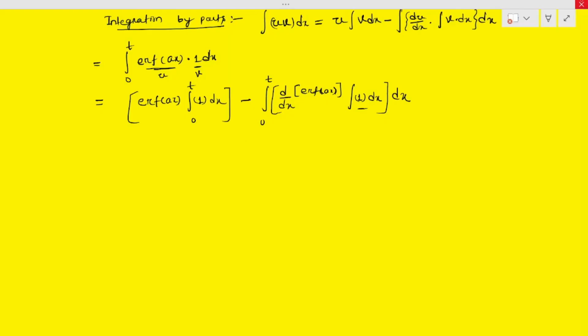Now integration of 1 with respect to x is your x. So here it will be error function of ax times x, with limits 0 to t.